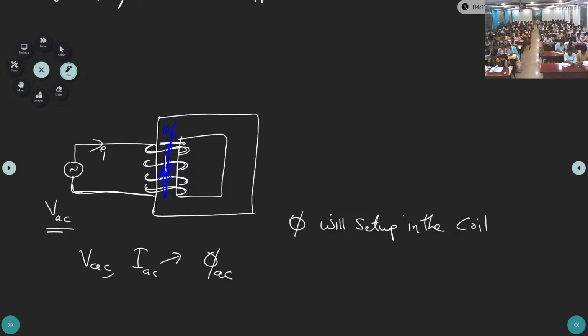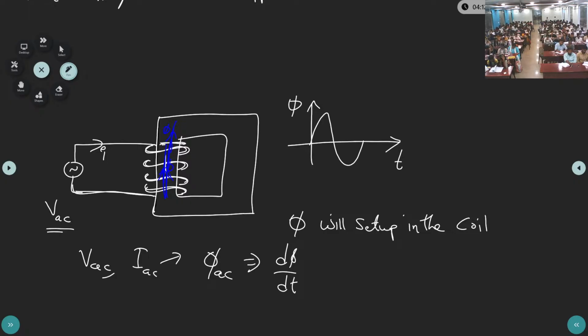So this AC flux is changing with respect to time. It is AC voltage, AC current, AC flux. This AC flux, which is dφ/dt, is changing with respect to time. Like this, x-axis time, y-axis φ.